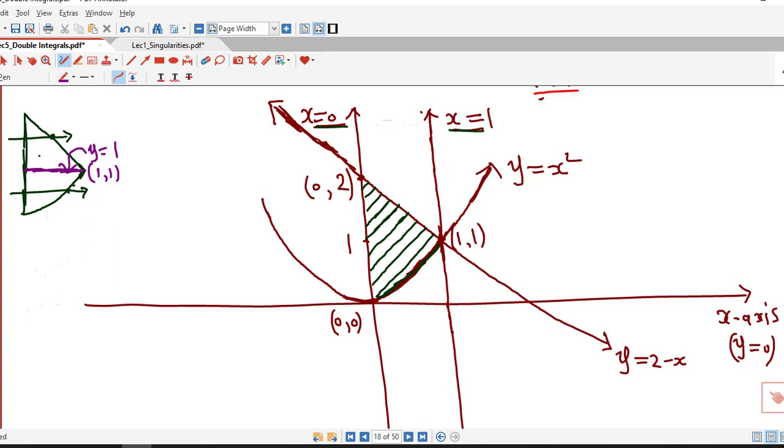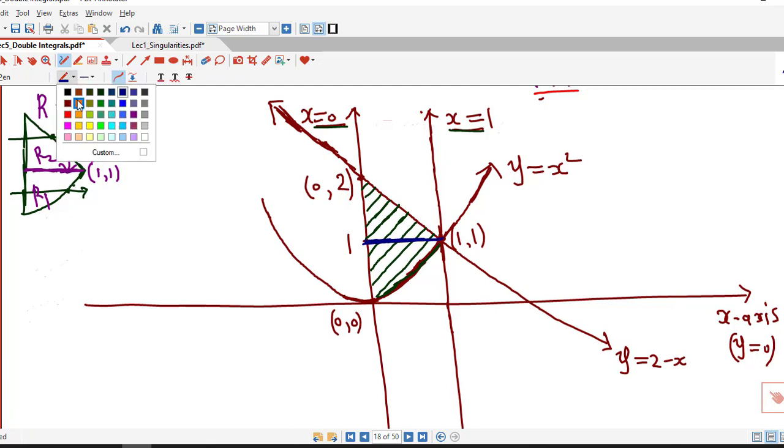So we have to divide the region of integration from this line. We consider this as R1 and this as R2, and the region of integration is nothing but the union of these two sub-regions. Because we have to consider the order of integration first with respect to x, we have to consider horizontal lines passing through the region. For that we divide the region into two sub-regions from this point, and this is the line y equal to 1.